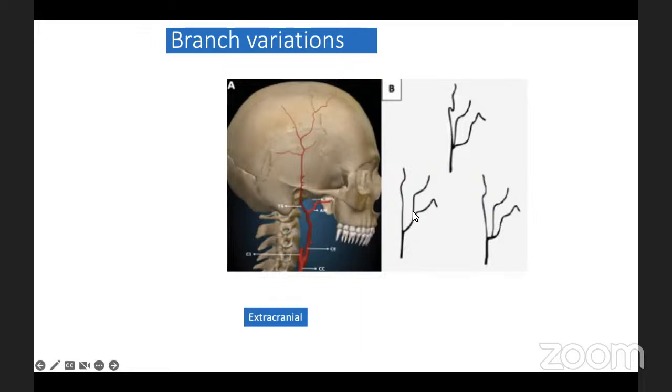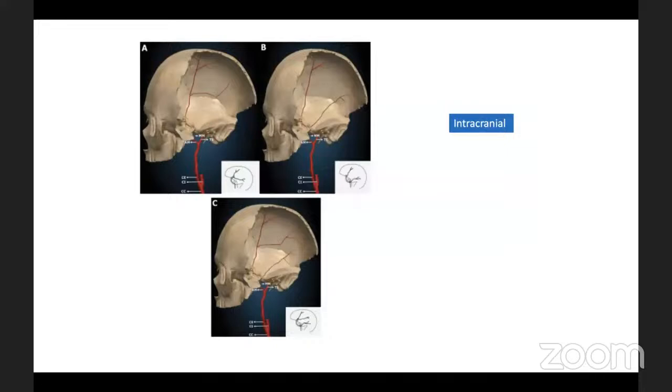And the parieto-occipital and the anterior and posterior division can divide before the foramen spinosum as well, which is very rare. The most common variation is when the division occurs at the terional segment or at the origin, just after the intracranial segment is formed. There can be a branch division, as we can see here. So after going through the foramen spinosum, there is a division occurring. So this is an early bifurcation.